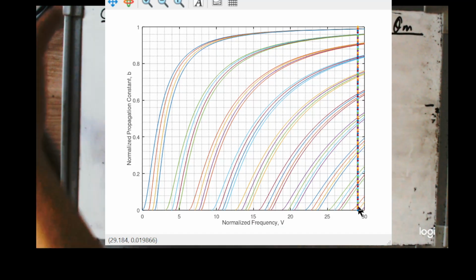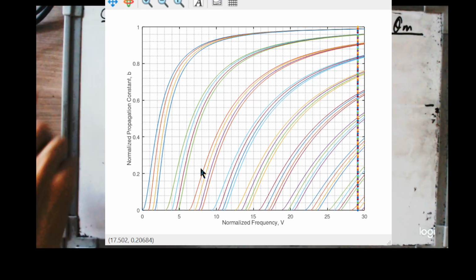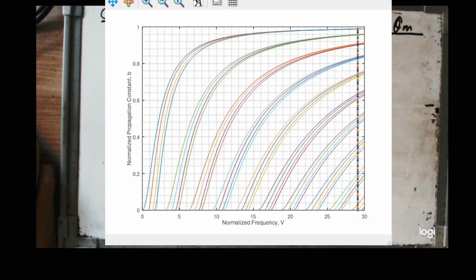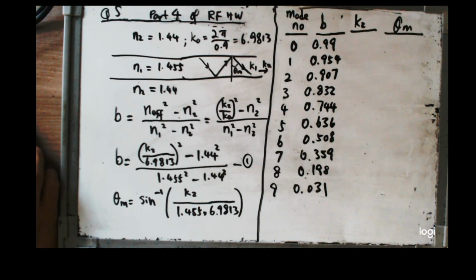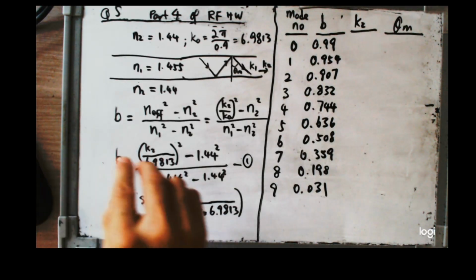Now, what I'm going to do now is to switch back to the whiteboard. So I'm going to remove it, or I can just delete this graph. And then, now you are looking at the whiteboard.